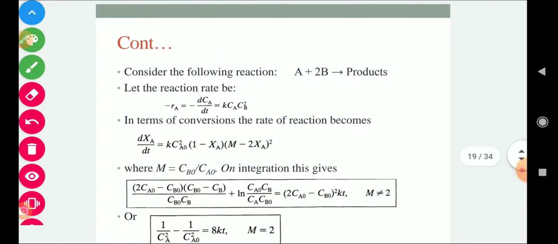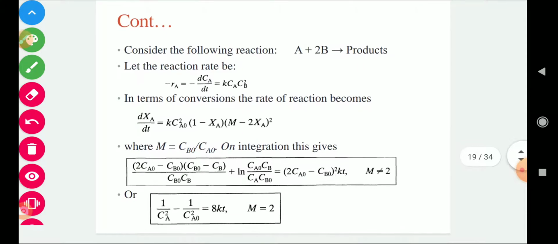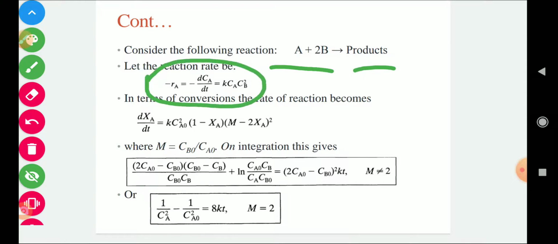In the previous example, A plus B plus D react to give product, but in the special case where we have two components A and B, A reacts with 2 moles of B to give product. In that case the rate expression will be minus Ra equals k into Cb squared, and in terms of conversion dXa by dt will be equal to k Ca naught (1 minus Xa) into (m minus 2Xa) whole squared. Here m is the initial concentration of B divided by the initial concentration of A, Cb naught upon Ca naught.